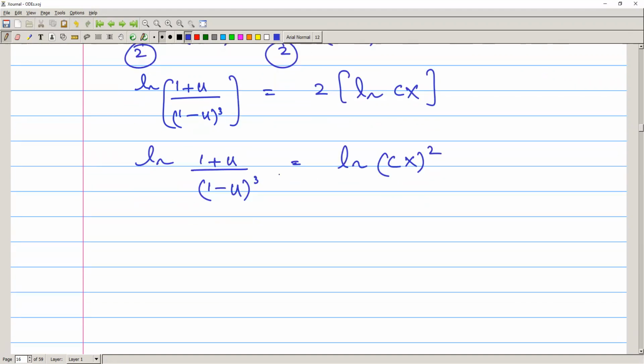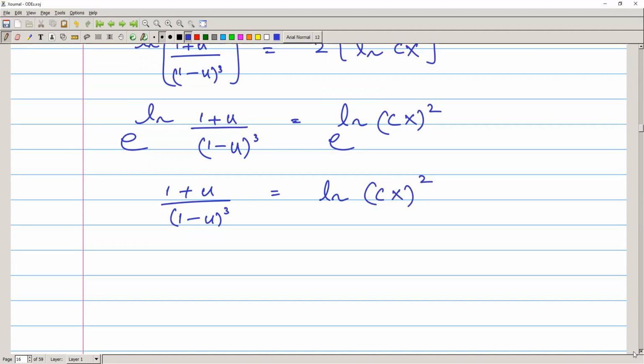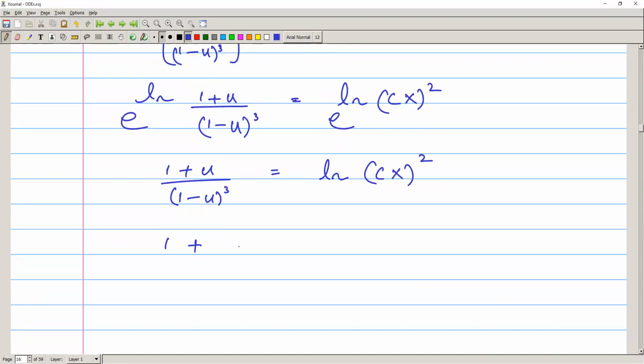So it's ln on both sides. We can raise to the power of exponential, which will make it simply (1 plus u) over (1 minus u) whole cubed, that is equal to (cx) squared. Now substitute the value of u, that is y over x, and then again (1 minus y over x) whole cubed, right, that is equal to c squared x squared.